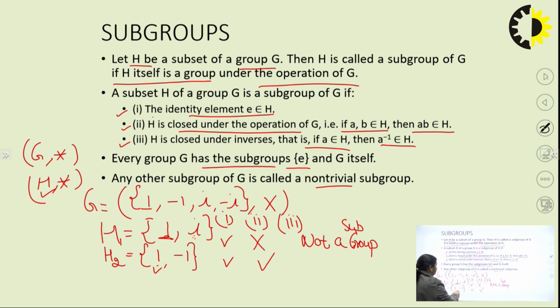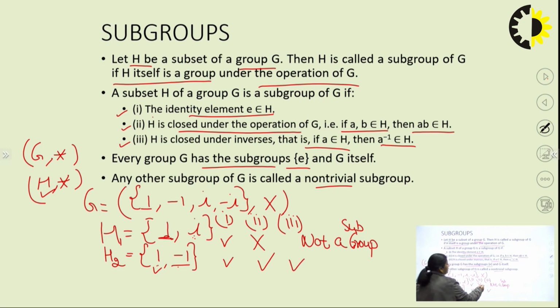Okay. Second is minus 1. What is the inverse of minus 1? The inverse of minus 1 should be that element which will give 1 in answer. So, minus 1 into minus 1, if we do, we will get 1 in answer. It means minus 1 is the inverse of itself. It means this element also has an inverse. So, the inverse property is also true.